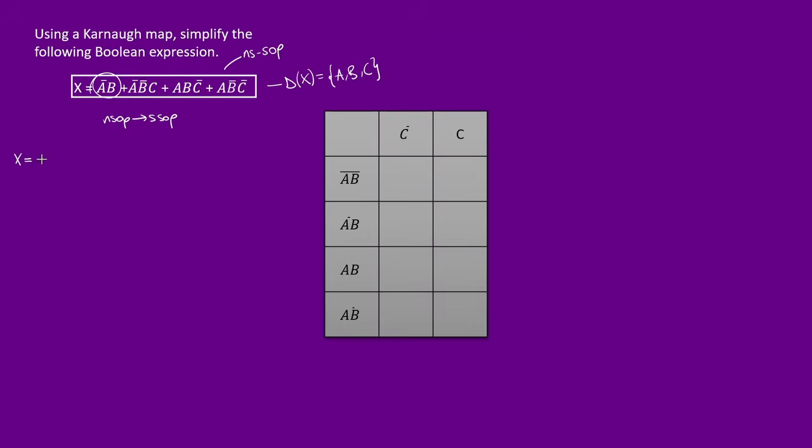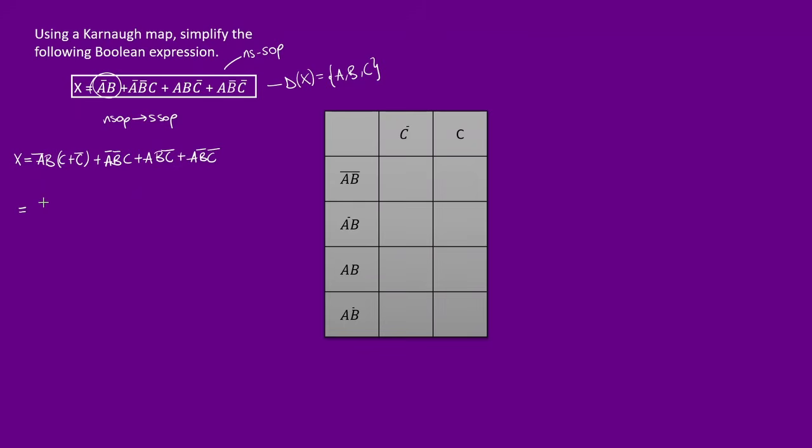X is now going to be not A B into C or not C, or not A not B C, or A B not C, or A not B not C. So we have to expand the first bracket term.